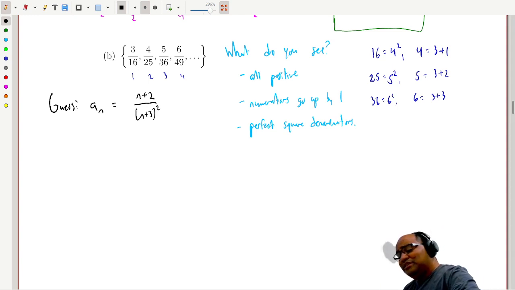Indeed it does, okay? So let's run through it here. a_1: 1 plus 2 is 3, over 1 plus 3 is 4 squared, 16.